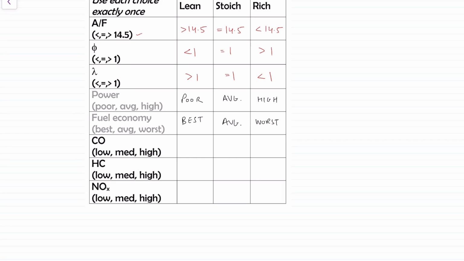Now carbon monoxide, when you're fuel lean, it's low, and it's low even when it's stoichiometric, but it's high when it's fuel rich.